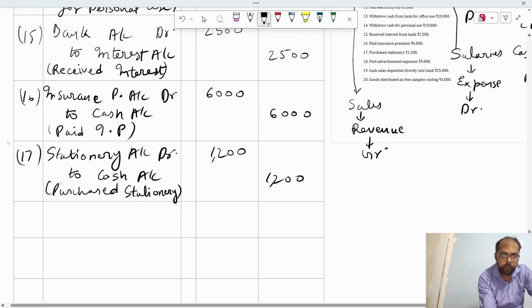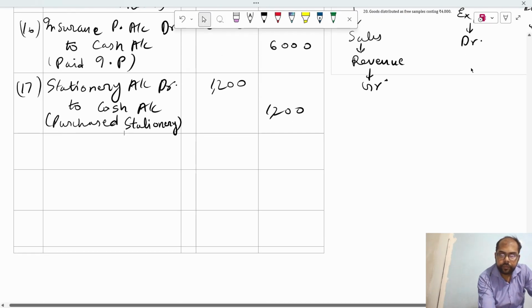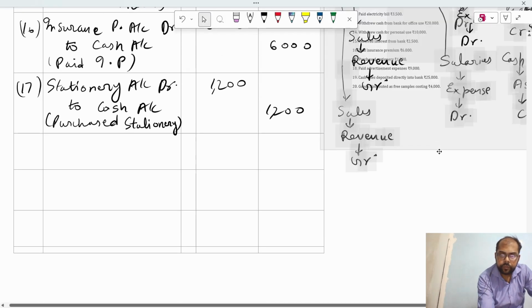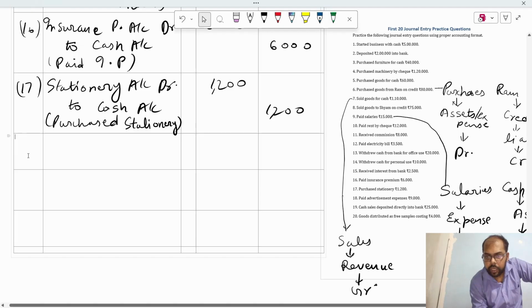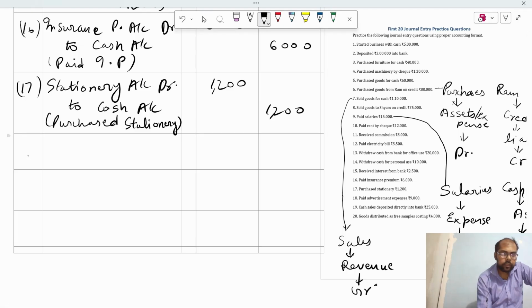All right. Moving ahead. 18th transaction is advertisement expenses paid. Advertisement is an expense, therefore debited.